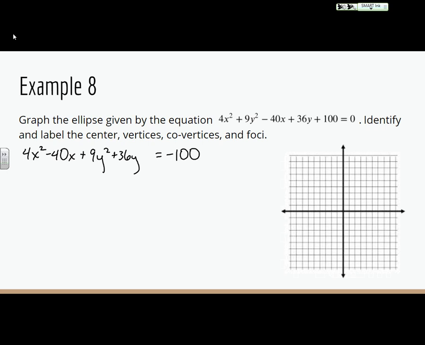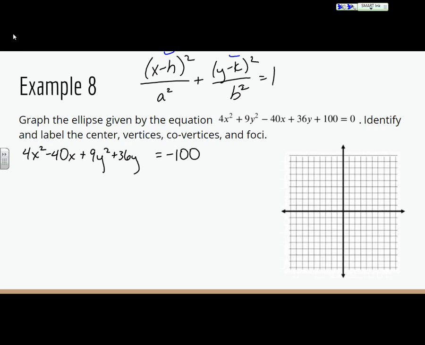Now, I'm thinking about my standard form with this. Remember, my standard form is going to be, I don't know if it's going to be a squared or b squared, I'll just put an a down here, I'll switch it in a minute if I need to, over b squared is equal to 1. Don't add 101 to both sides. Don't do that.